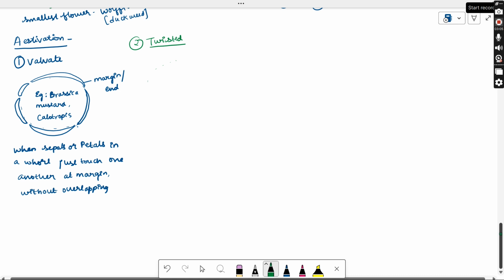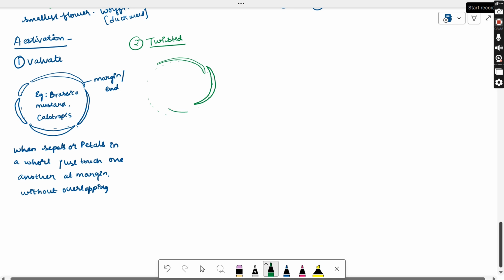Suppose five petals are there; you can find this easily in the case of hibiscus. Let us say for the first petal, one margin is outside and the other margin is inside, and the next one is overlapping. One end of one margin overlaps the other end of another margin. So they are forming this twisted type of structure.